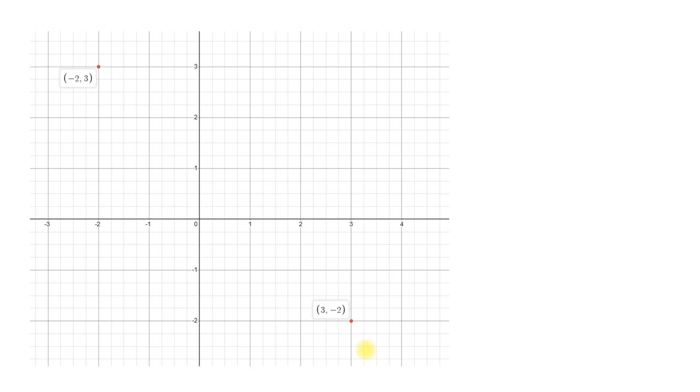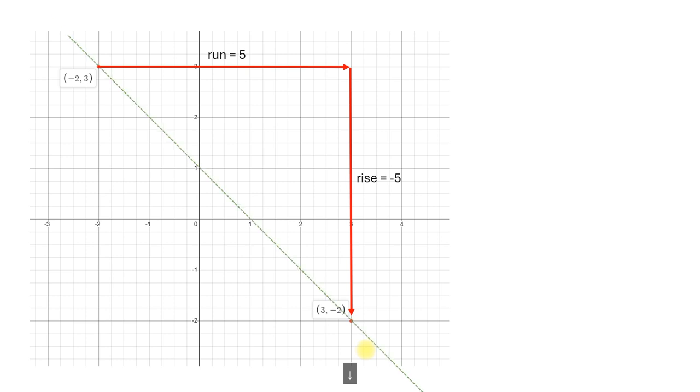In this example, our run is 5 units along the x-axis and then down 5 units on the y-axis. Because we are going down the y-axis, we refer to it as a rise of -5. So now our slope is -5 over 5, which reduces to -1.